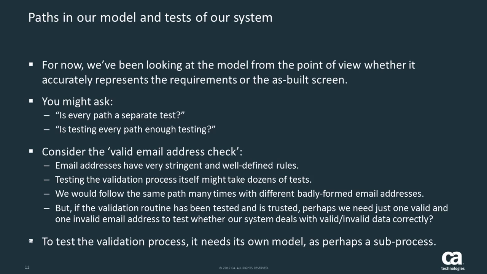But is testing every path enough testing? Well, let's just look at this in a little bit more detail. Suppose you have a decision, which is the valid email address, the valid email format check. Now, we know email addresses have very stringent, well-defined rules. I mean, actually, the rules are terribly complicated. It's really quite a sophisticated validation that's required here.